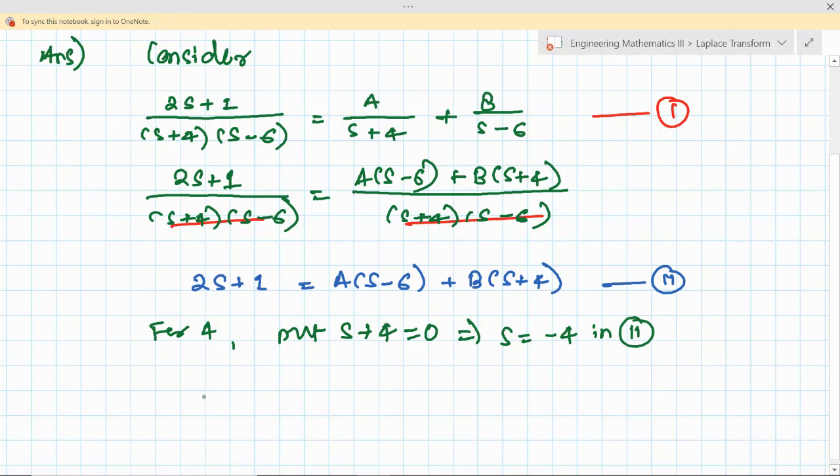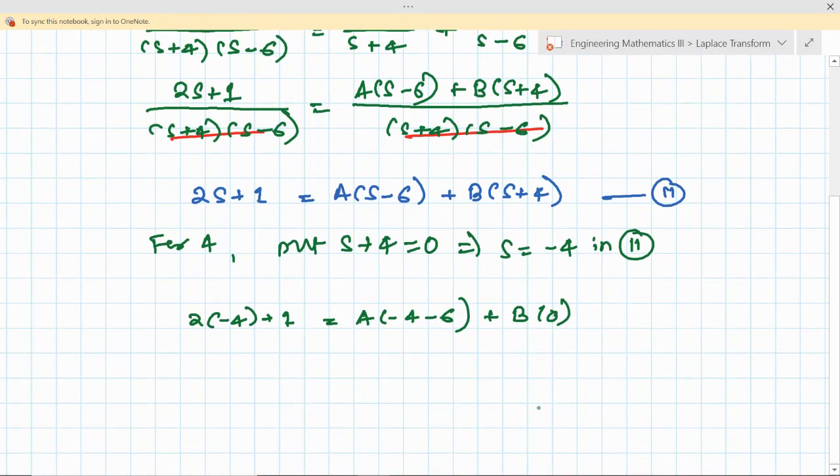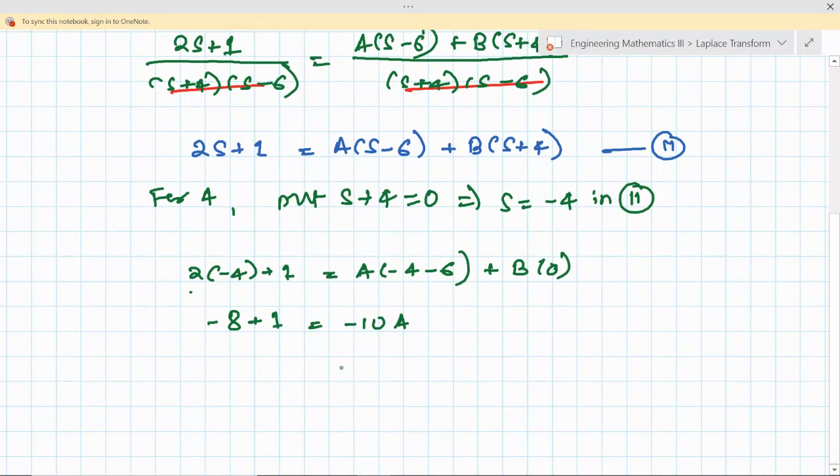So what I get here: 2(−4) + 1 = a(−4 − 6). The term with b is 0 because b into (s + 4) is 0. So 2 into −4 is −8, plus 1, is equal to −10a.